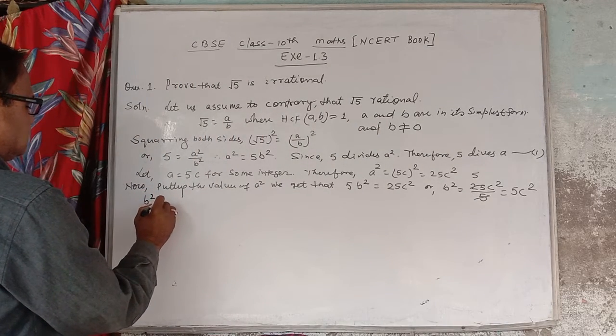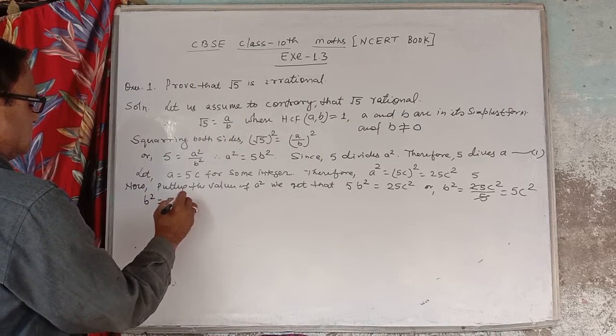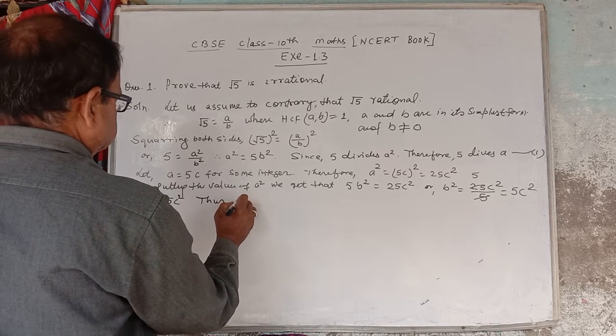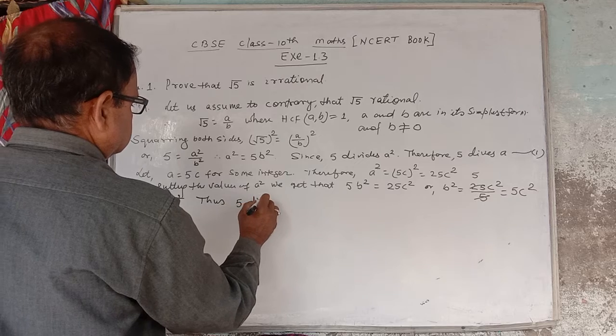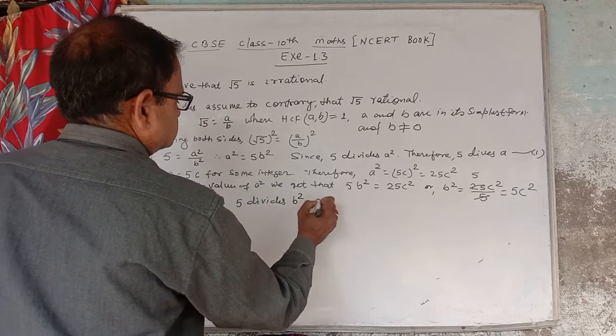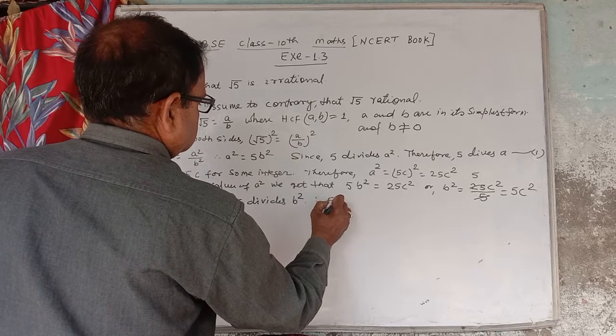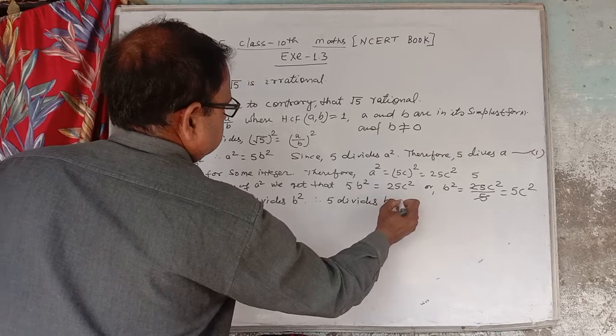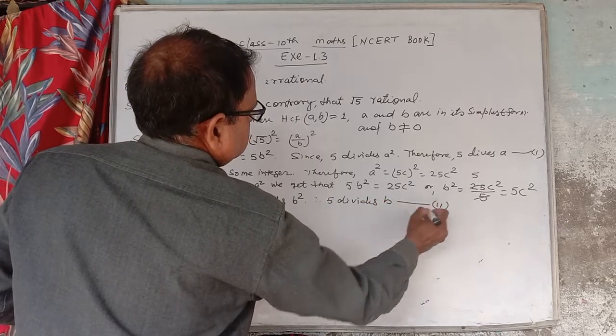Therefore, b square is equal to 5c square. Thus, 5 divides b square, therefore 5 divides b. Equation second.